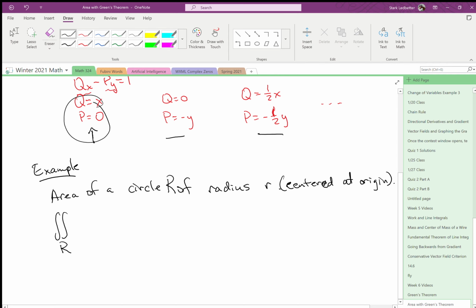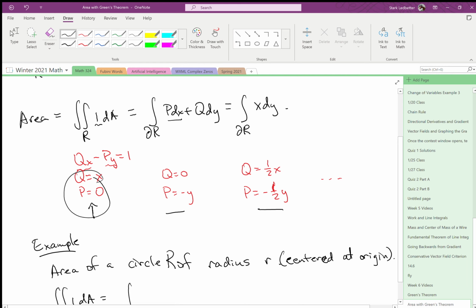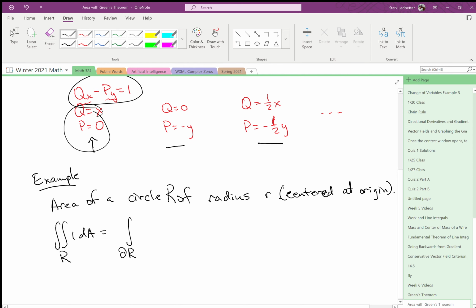So I have the region big R, 1 dA, and then, as I said above, that should be equal to the integral over the boundary of the region of take any functions q and p such that qx minus py equals 1. So I'm going to take my same ones I had before. So q equals x, p equals 0, and I have p dx, which is 0, and q dy, which is x dy. Okay, what does that mean?